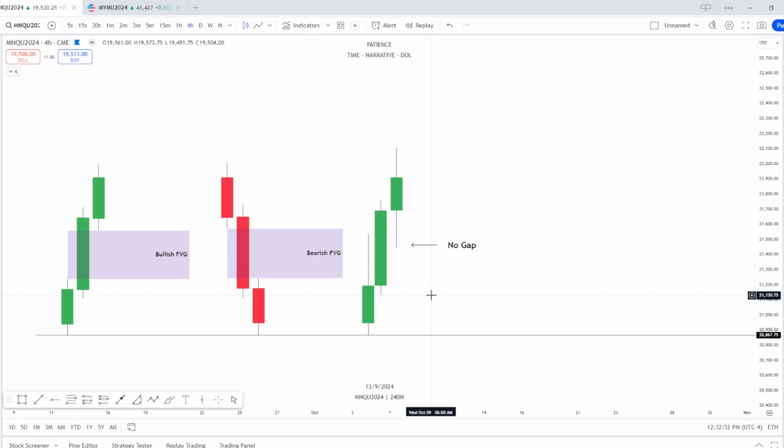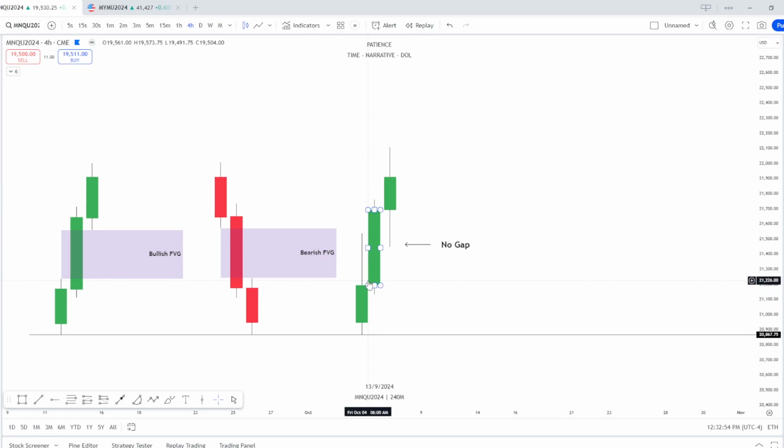Now, like I said at the start, when we are in a balanced market, meaning that buyers and sellers both have relatively equal strength, we will not see these fair value gaps being formed. For example, right here, these wicks are overlapping each other, meaning there's no gap within this candle.